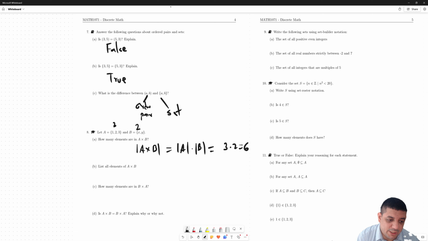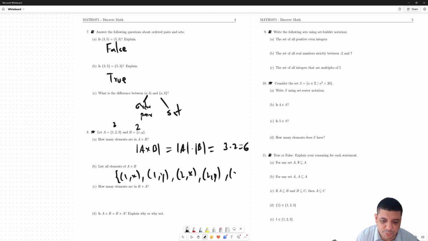Now let's list all the elements of A times B. And once again, this is just doing 1x, 1y, 2x, 2y, and 3x, 3y. So there you can see the 6 elements.